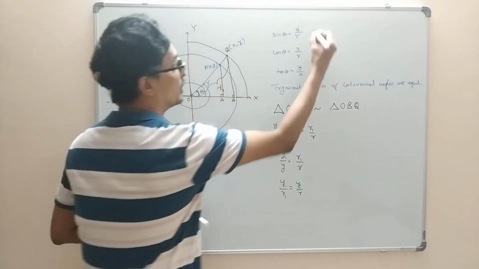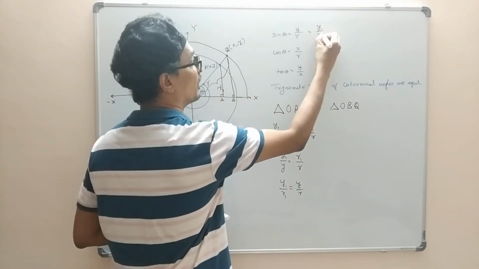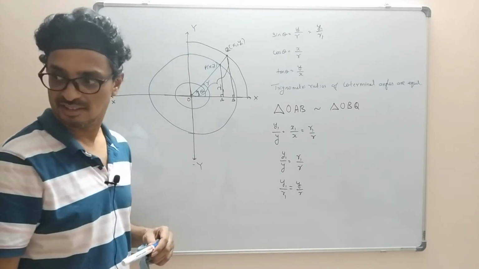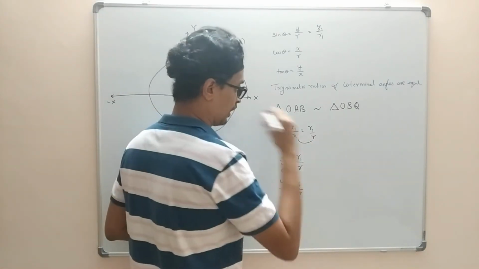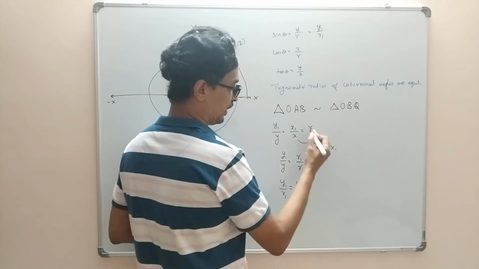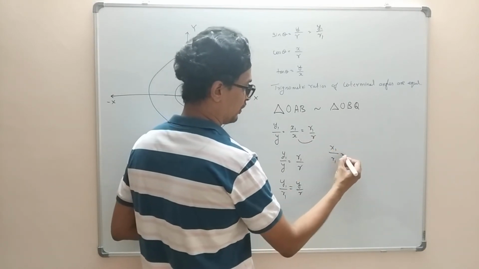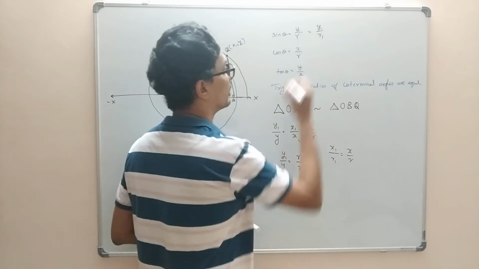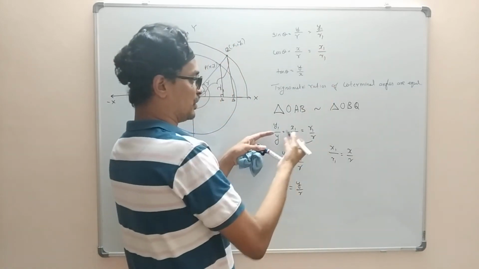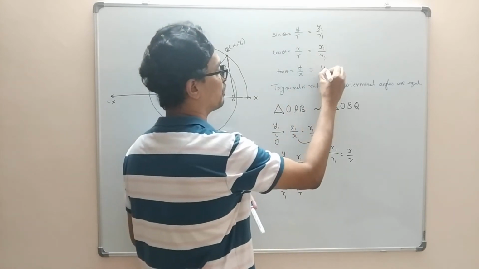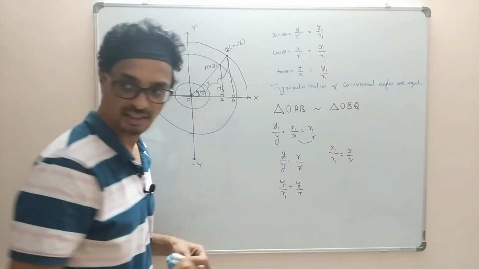Similarly, x1 by r1 equals x by r. And similarly, taking these two, we find y1 by x1 equals y by x. Correct?